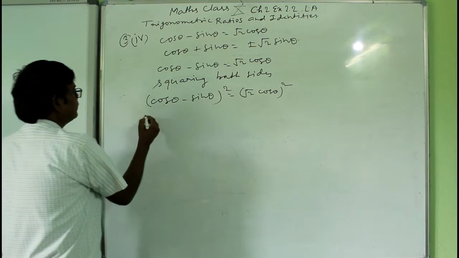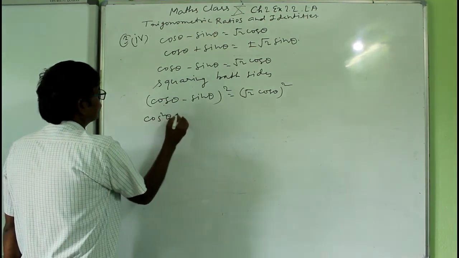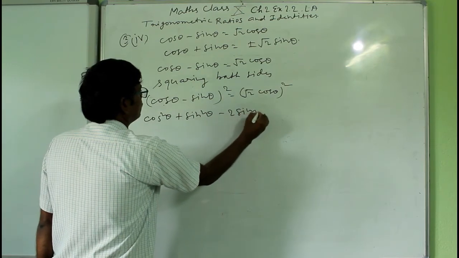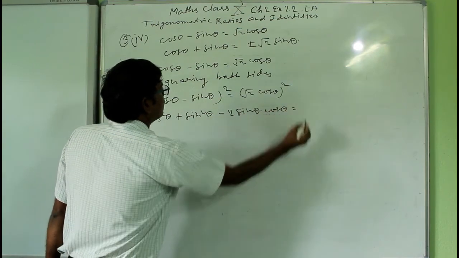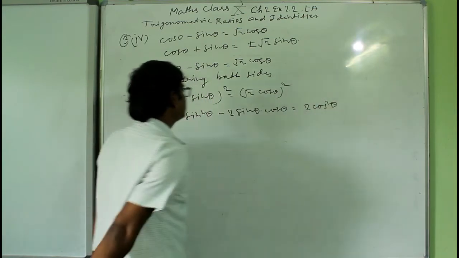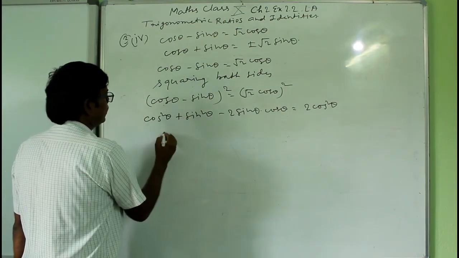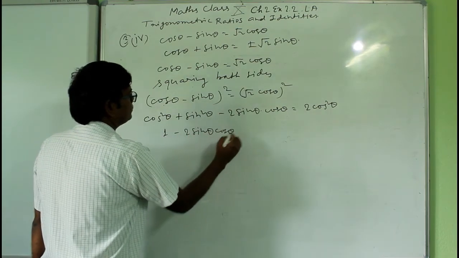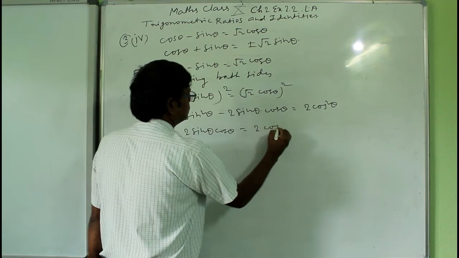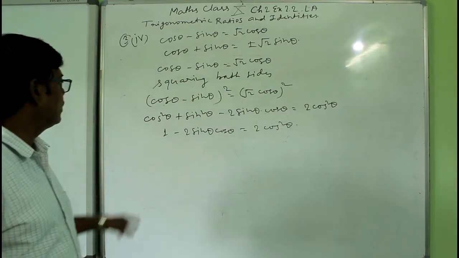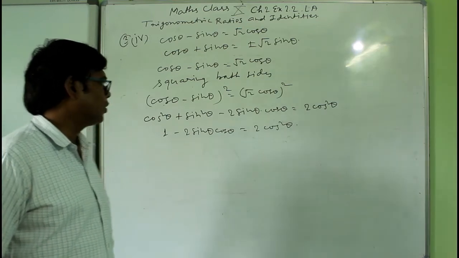So it will be cos square theta plus sin square theta minus 2 sin theta cos theta, and this will be equal to 1. So 1 minus 2 sin theta cos theta. So now here you have 1 minus 2 sin theta cos theta equal to 2 cos square theta.